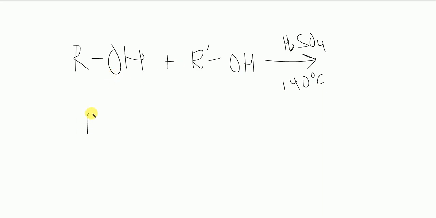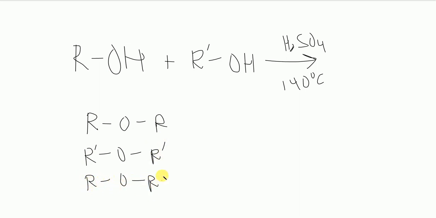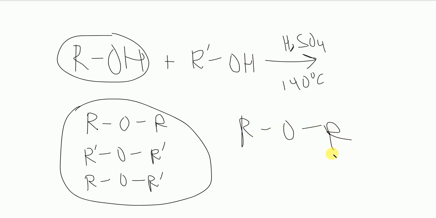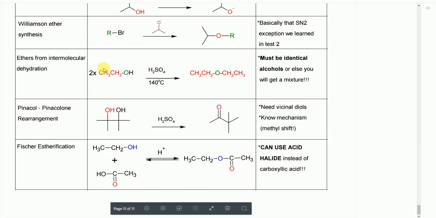So I would get the ROR ether, I would get the R prime O R prime ether, and I would get the R O R prime ether. So you get three different products, versus if I used just one of these by itself, I would get only this one. And that's what they're saying, okay?